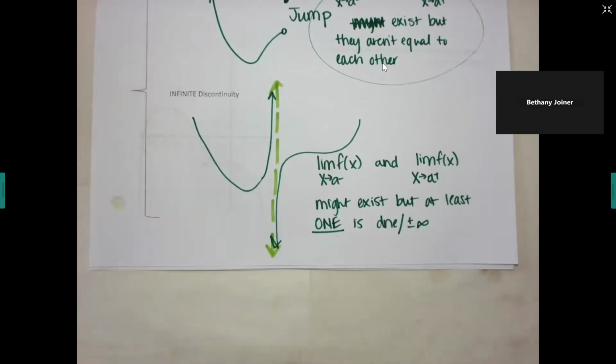So it doesn't actually have to asymptote on both sides. If one side's an asymptote, it counts as an infinite. But there's only 3 types, and you already knew 2 of them, and we kind of talked about the third.